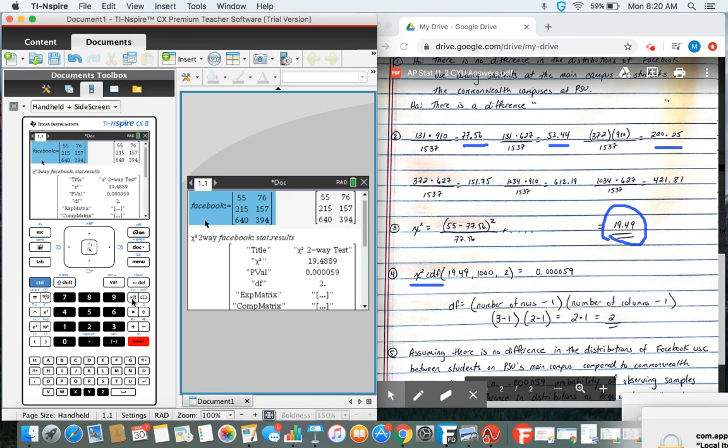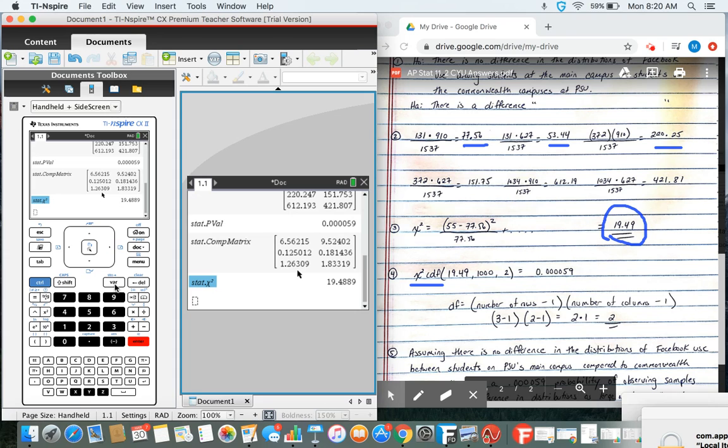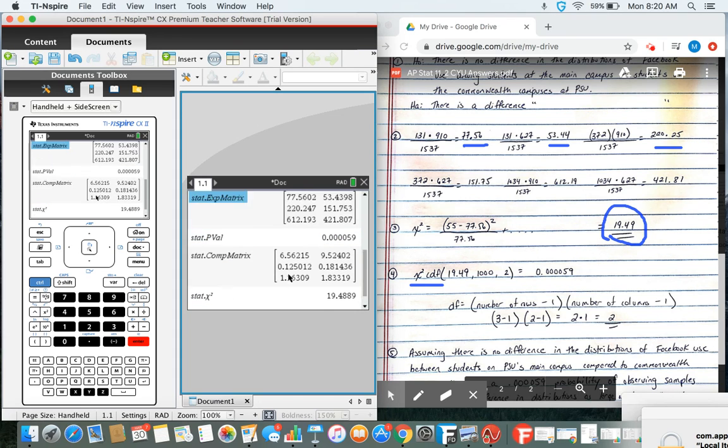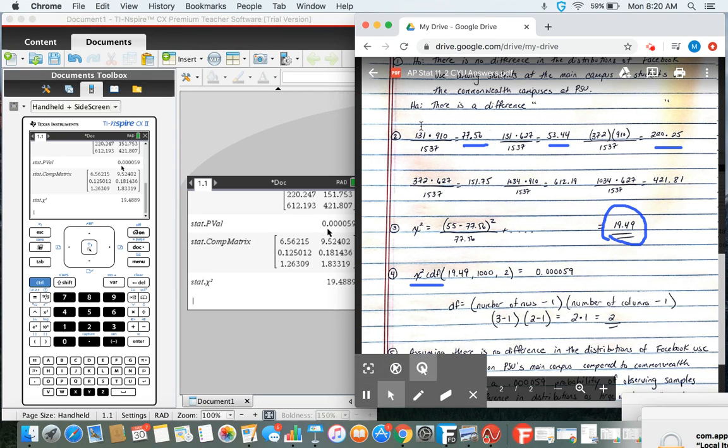Enter the data, and then run the test, menu 6-7 two-way test, and then you should be able to get these results. And then the var button right here will bring up different things should you be asked. Now, you do need to use it for expected counts. So guys, that saves us a lot of time here. Using the calculator would keep us from having to do steps 2, 3, and 4, all this work by hand. Calculator did it for us.